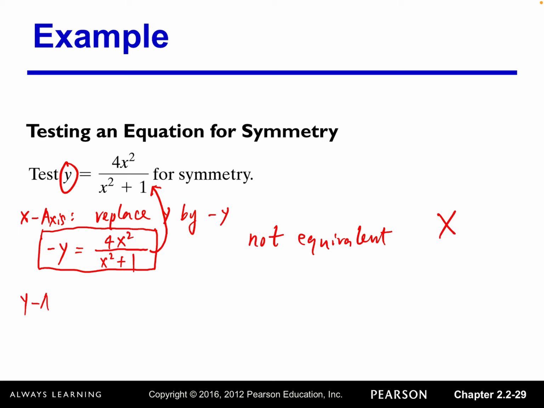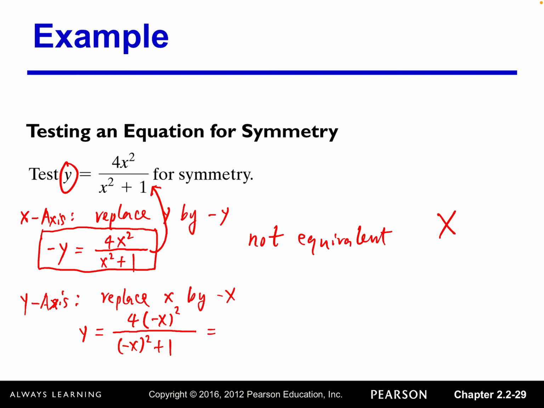And then let's do a similar thing for the other axis. The y-axis next. What we need to do this time is replace x by negative x and then plug back into the equation. So on the left-hand side, no x, we just copy y, and then 4 times (-x) squared in the numerator, and in the denominator replace x by (-x) squared plus 1, and then we simplify.